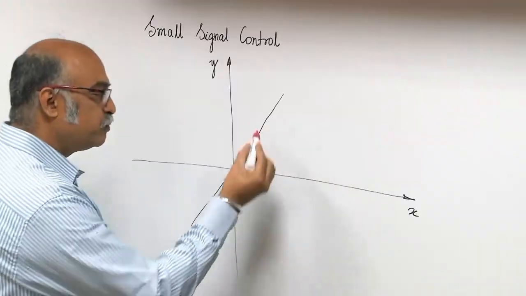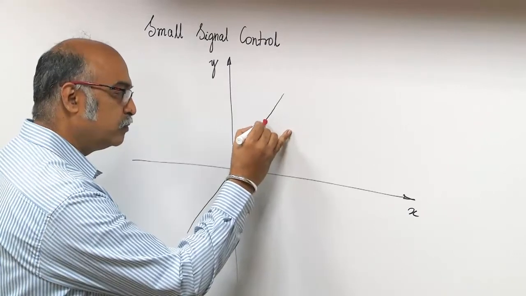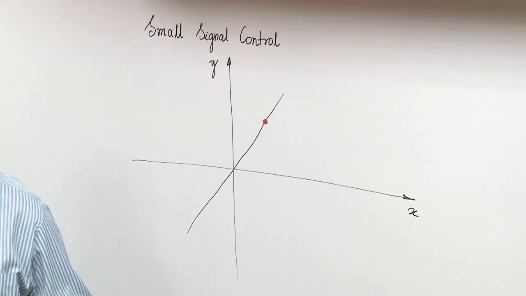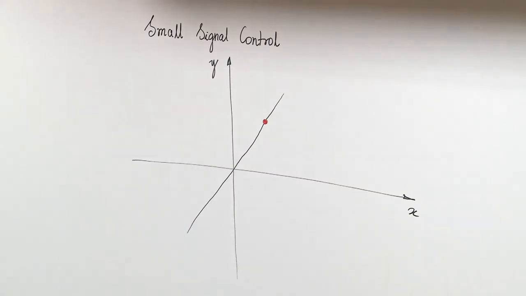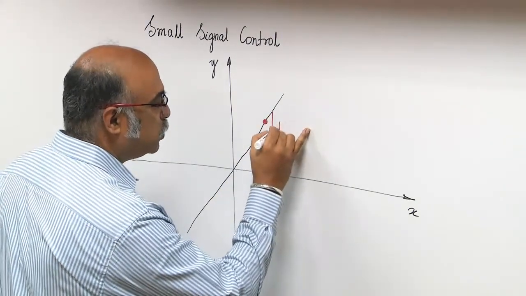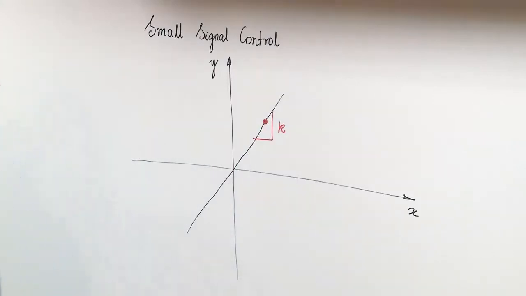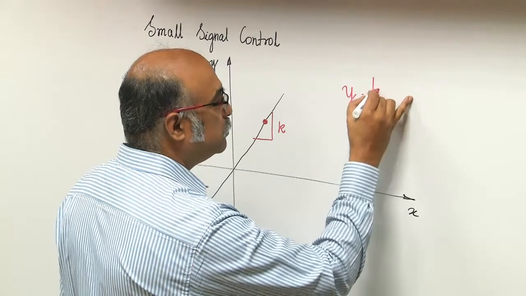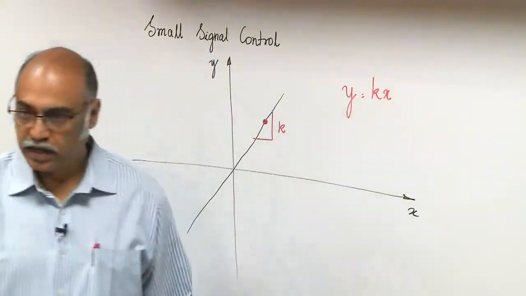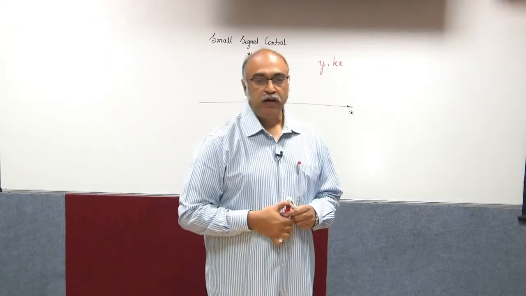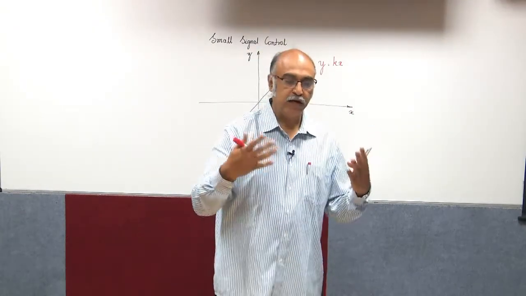And we will say we have an operating point. We want to set the system such that it operates at a particular operating point. This has a slope k, and you have a nice relationship y is equal to kx, and we say linear system, very well amenable to controller design, controller theory.